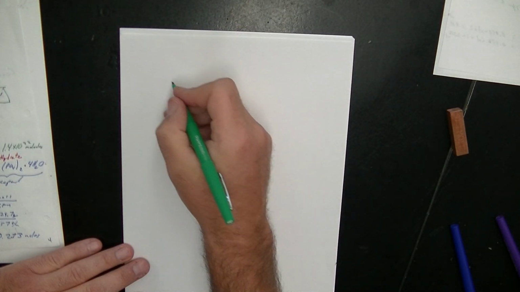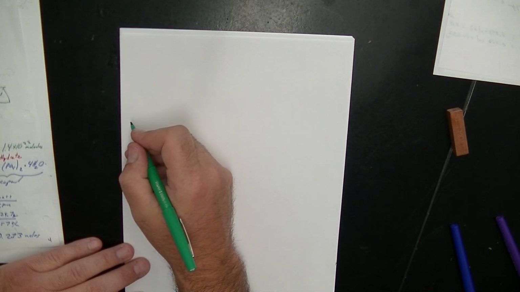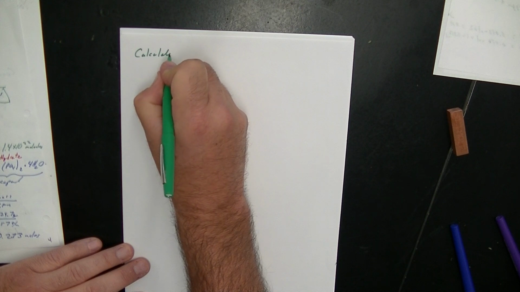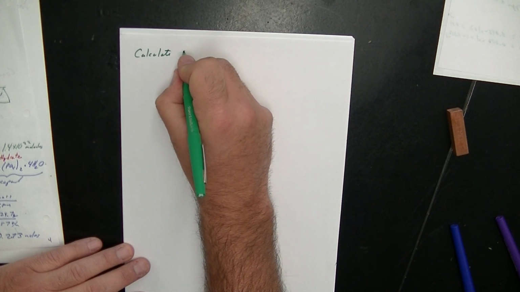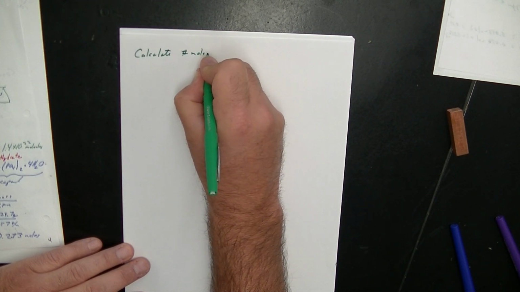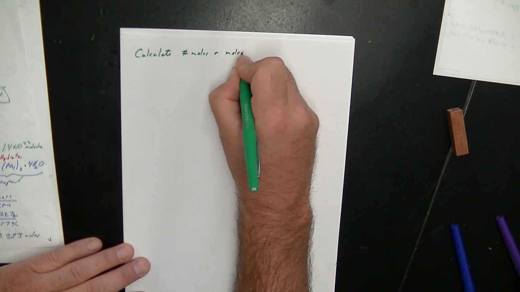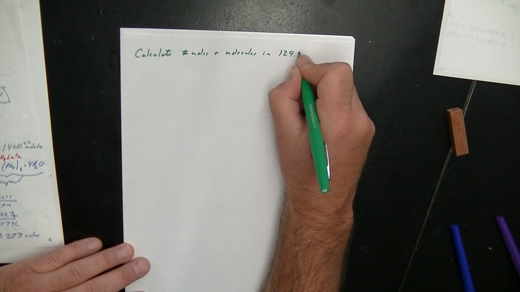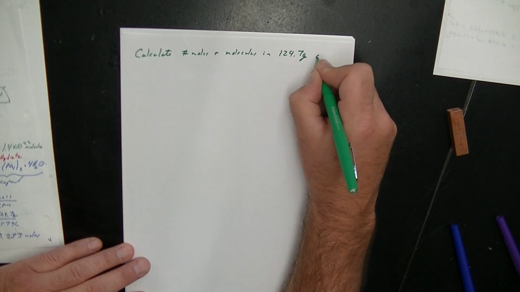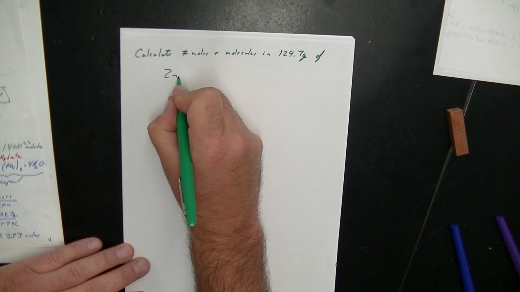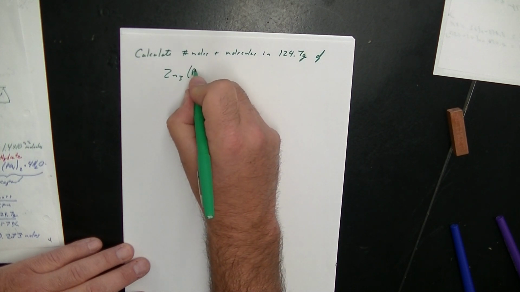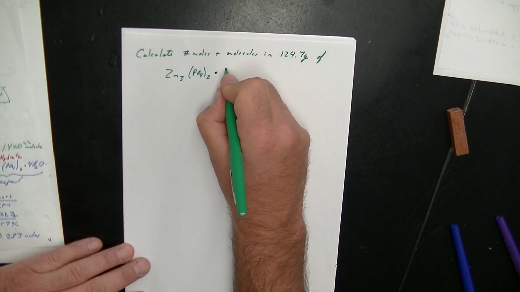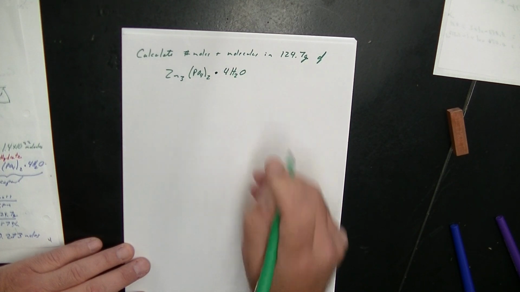Let's try one more. Let's calculate the number of moles and molecules in 124.7 grams of Zn3(PO4)2 dot 4H2O.